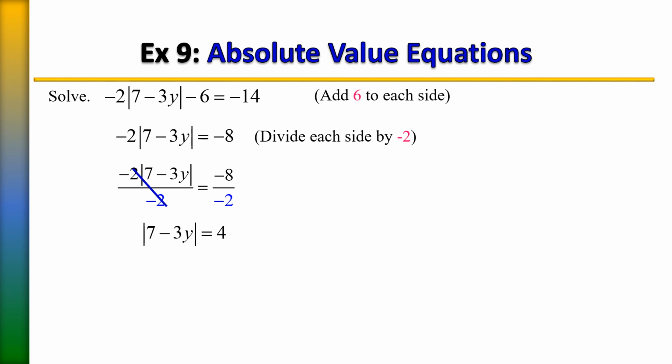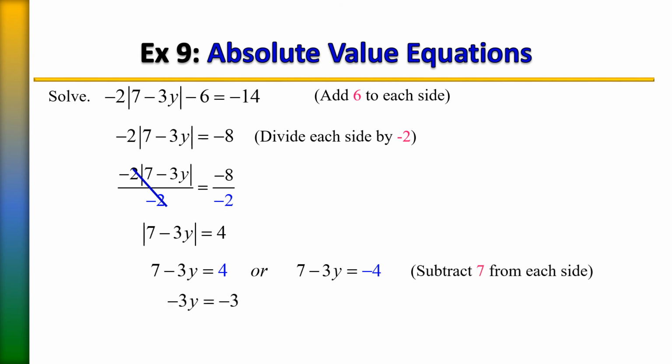So we're going to have 7 minus 3y equals 4 and 7 minus 3y equals negative 4. Our next step for both of these is to subtract 7 from each side. Next, for both of them, we're also going to divide by negative 3. So for the first equation, negative 3 divided by negative 3, a negative and a negative, is going to give you a positive 1.